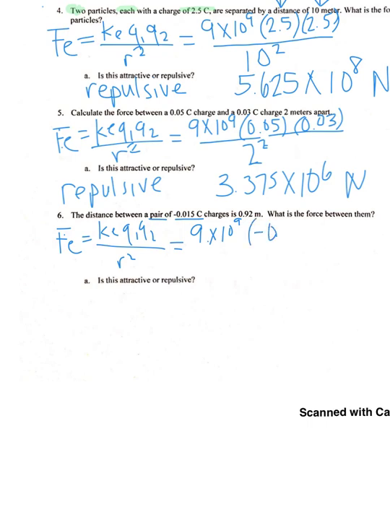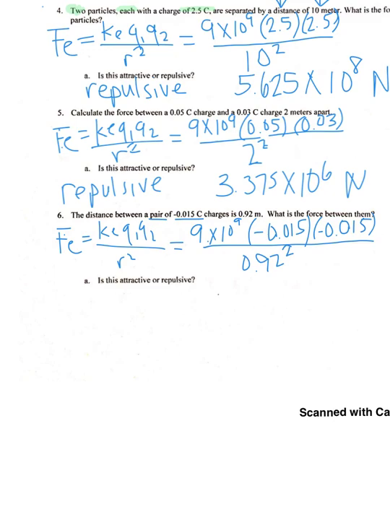Negative 0.015 times negative 0.015, divided by our distance, which is 0.92 meters squared. And then I'm going to plug this into the calculator. So we have 9e to the 9th times negative 0.015 times negative 0.015 divided by 0.92 squared.